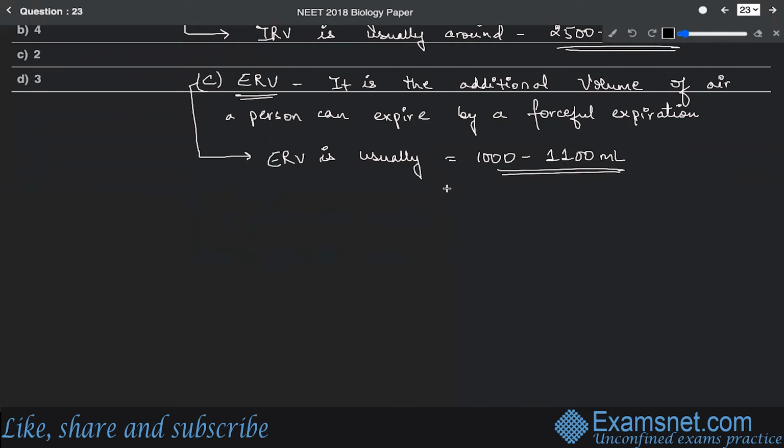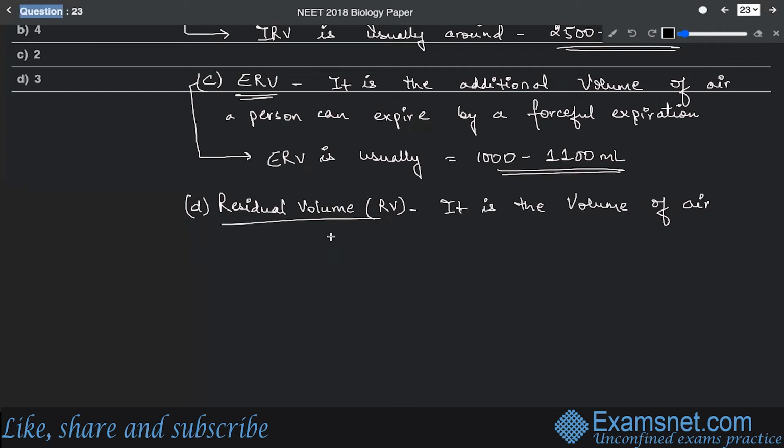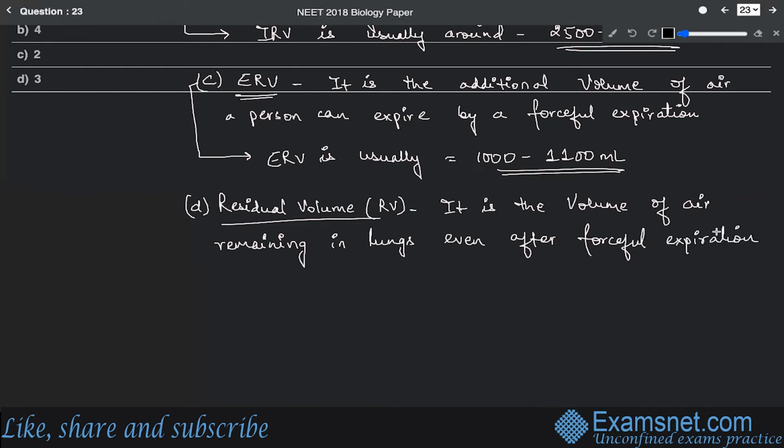That means the amount of air left inside the lungs even after forceful expiration is called residual volume, also called RV.